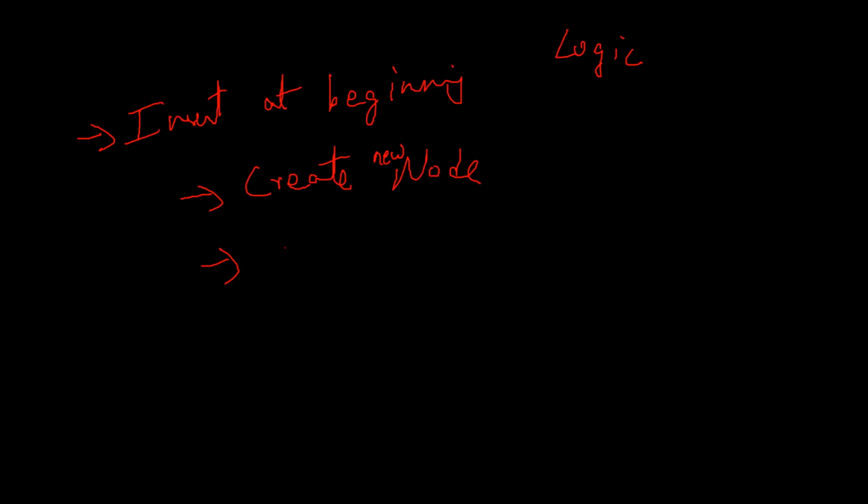New node dot next will be pointing to head, right? It's not head dot previous, it's directly head. Now after that, new node dot next you did, new node dot previous is already null, so we'll just leave it like that.